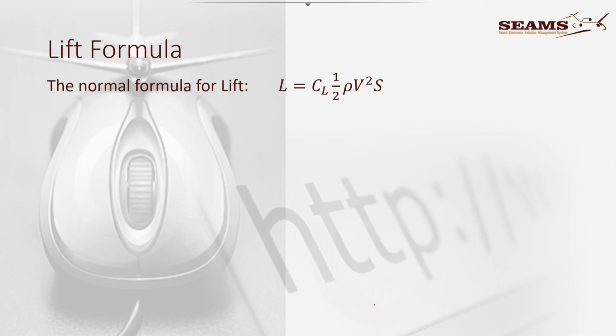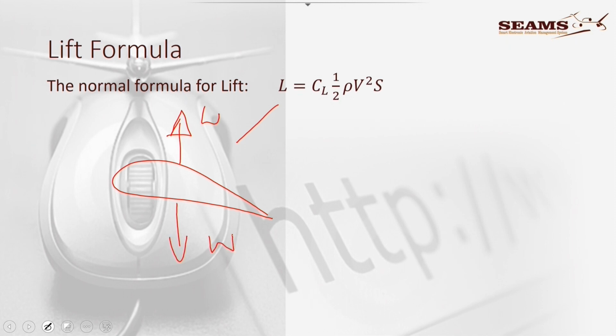For those of you that probably don't know, lift equals the coefficient of lift, half rho V squared S. In other words, the lift is what is produced on top of the wing, which has to oppose weight, and lift is dependent on the coefficient of lift, or rather the angle of attack, because the coefficient is dependent on the angle of attack; half the density, which is a constant and not considered a variable in this formula; velocity squared, how fast we're going forward, squared.